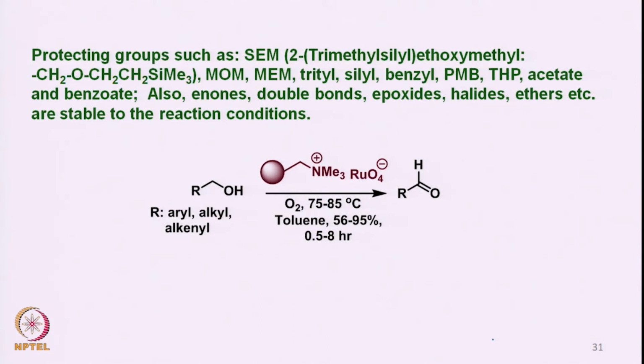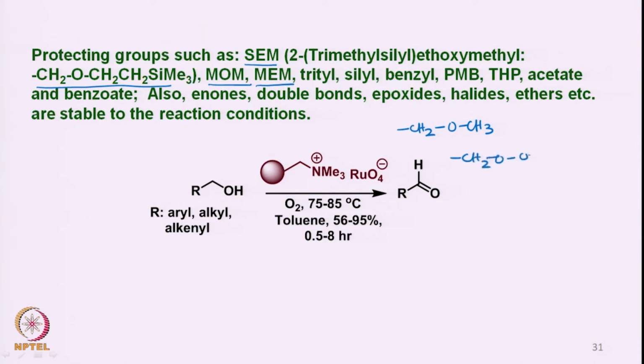As I said, different protecting groups such as SEM, which is 2-trimethylsilyl ethoxymethyl like this, MOM, which is nothing but the CH2O methoxymethyl protecting group for the alcohol, or MEM, which is methoxy ethoxy methyl ether.